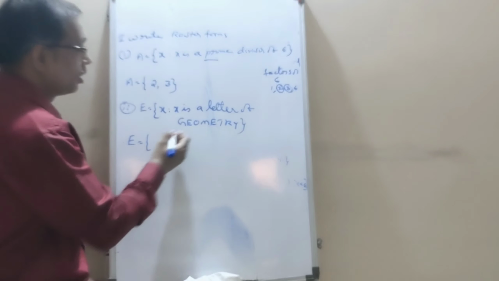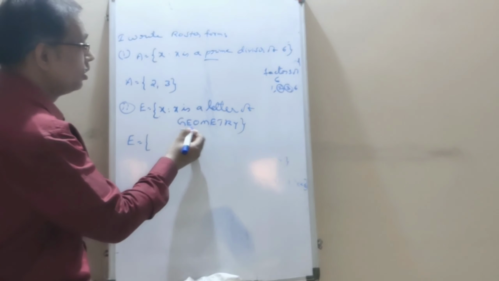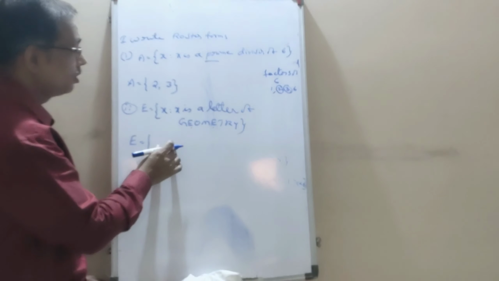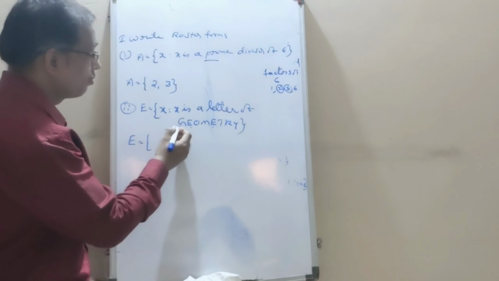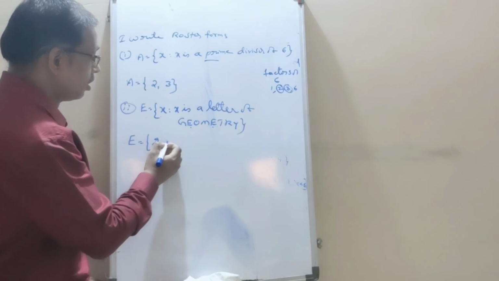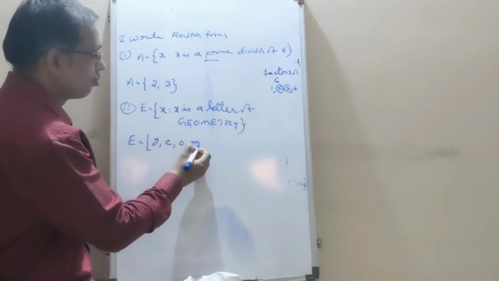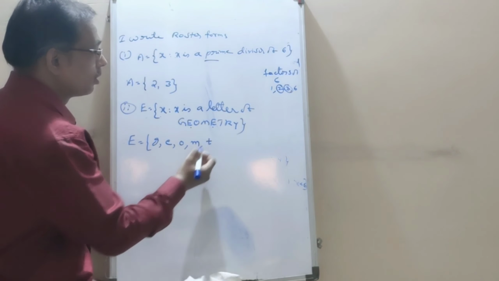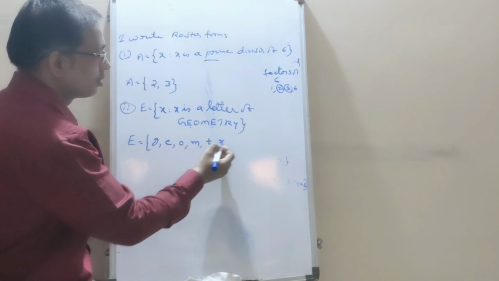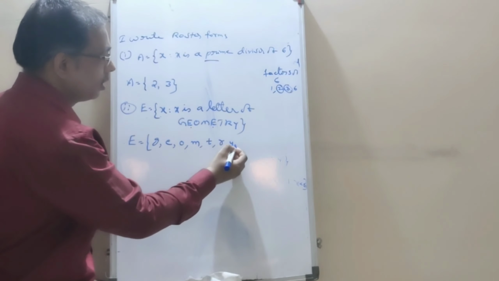So in this word we have E 2 times. So while writing the set we write only 1 time. So let us see this one. First of all, the first letter is G, and the second letter is E, third letter is O, fourth letter is M, fifth letter is T, sixth R and Y.